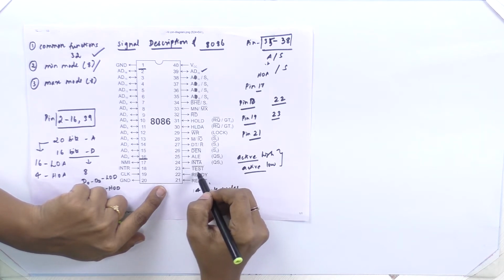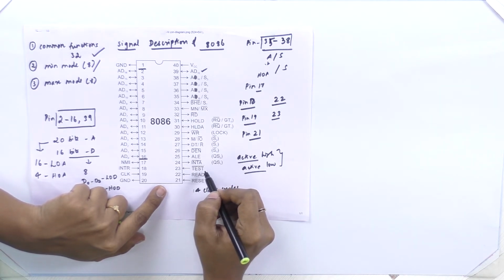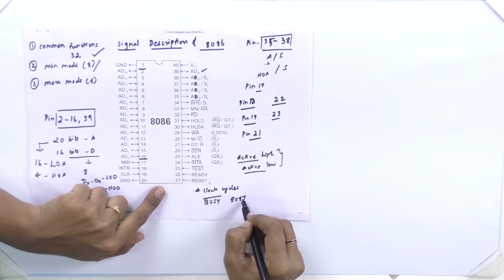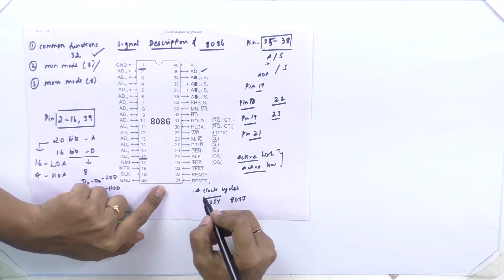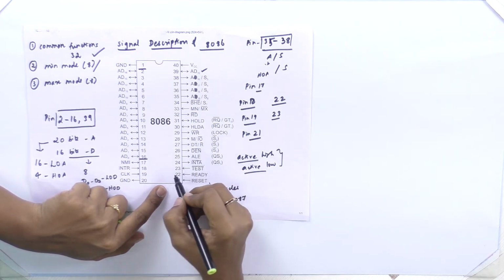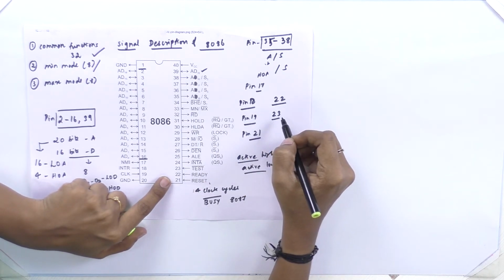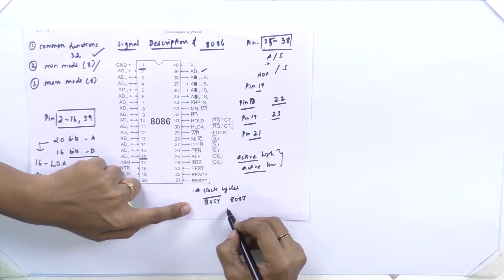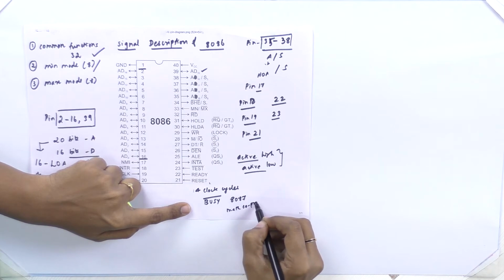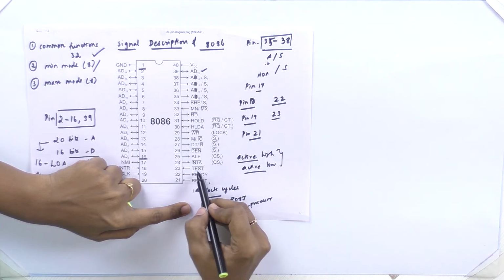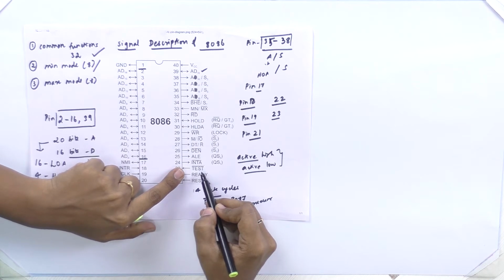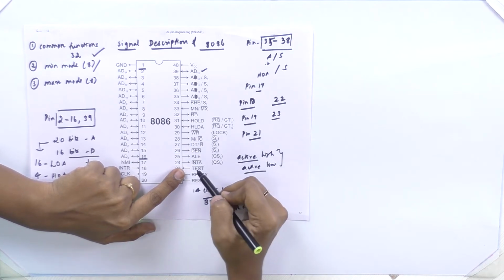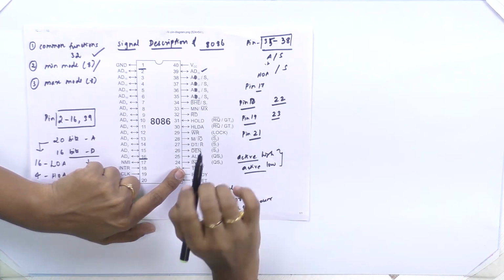So the test pin is an active low pin and it is connected to the busy pin of the 8087 math coprocessor. When this test pin is low, it indicates that the execution continues between this 8087 and 8086, and when it's high, then there is no execution.